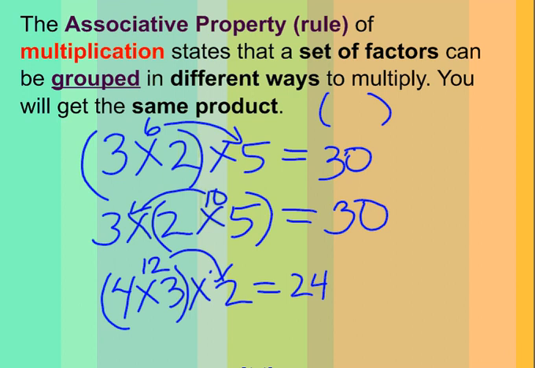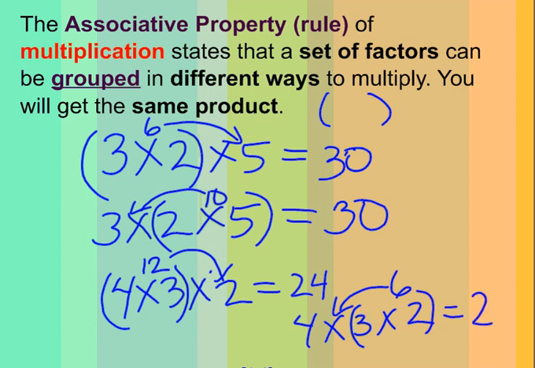And then the same way, if I have 4 times 3 times 2 and use the associative property, I can group these factors a different way. I can put my parentheses around the 3 and the 2. 3 times 2, I know that equals 6, and then I know 4 times 6 equals 24. So no matter how I group the factors, I will still get the same product.